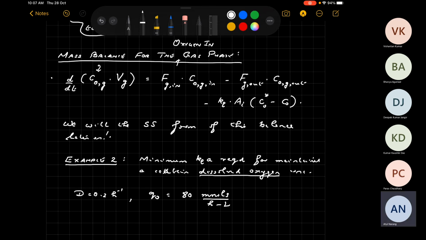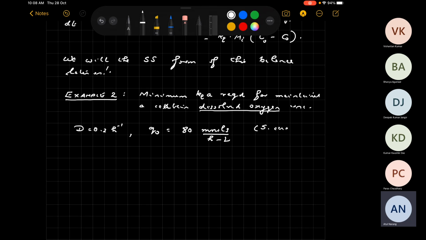This is the volumetric rate of oxygen consumption at D equal to 0.2. We took this example from Willardson's book, and it was during ethanol fermentation, the rate of consumption of oxygen by the yeast, Saccharomyces cerevisiae.